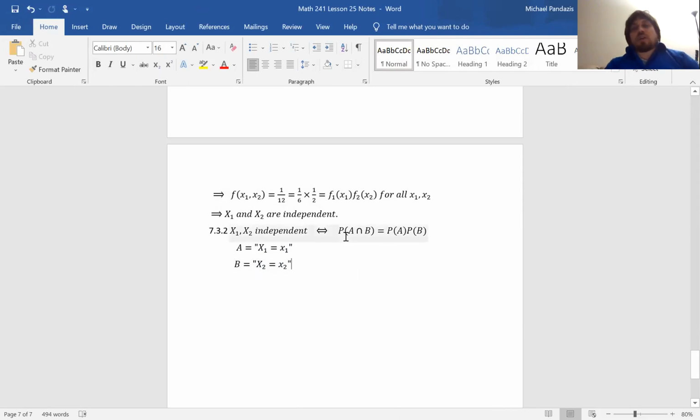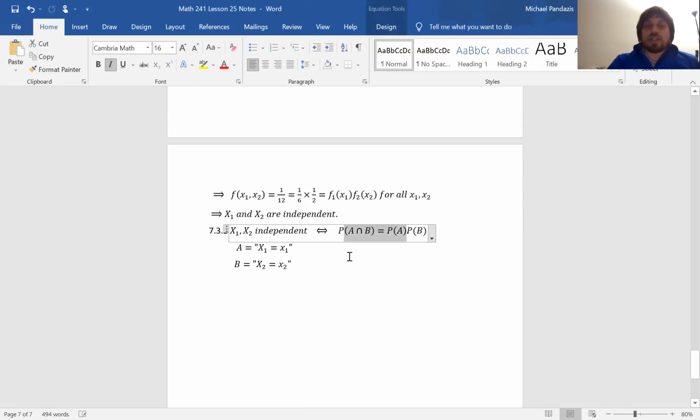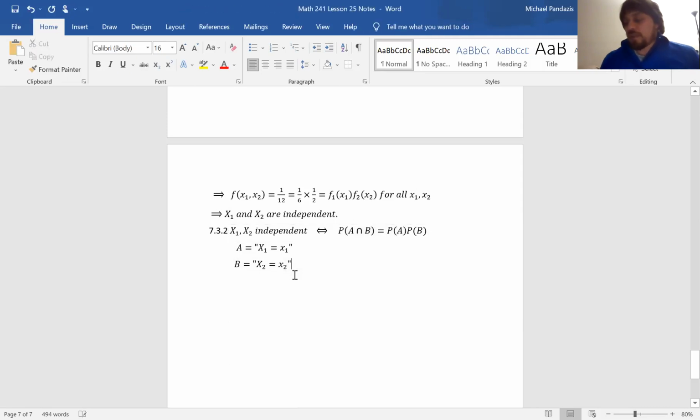So the probability that X1 equals little x1 and X2 equals little x2 is equal to the probability that capital X1 equals little x1 times the probability that capital X2 equals little x2. That's what this equation is saying, with this A and this B.